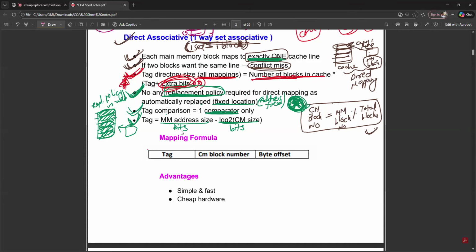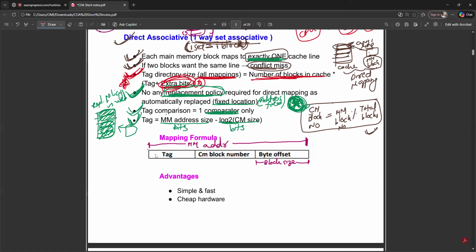Okay, so this is the mapping formula for direct mapping. The entire main memory address is given, and you can find its bits. This is the block size, or block offset.